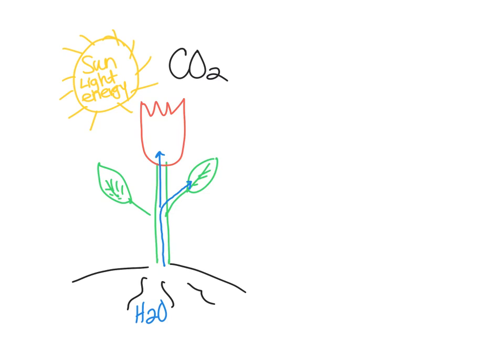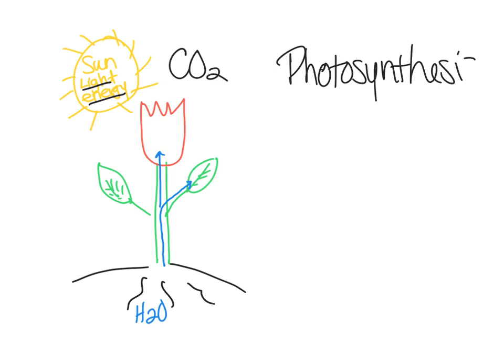The process that we're doing here is taking this light energy from the sun, and we are going to convert it to chemical energy. And this is through the process of photosynthesis. Once photosynthesis takes place, what we're doing is we are making glucose.